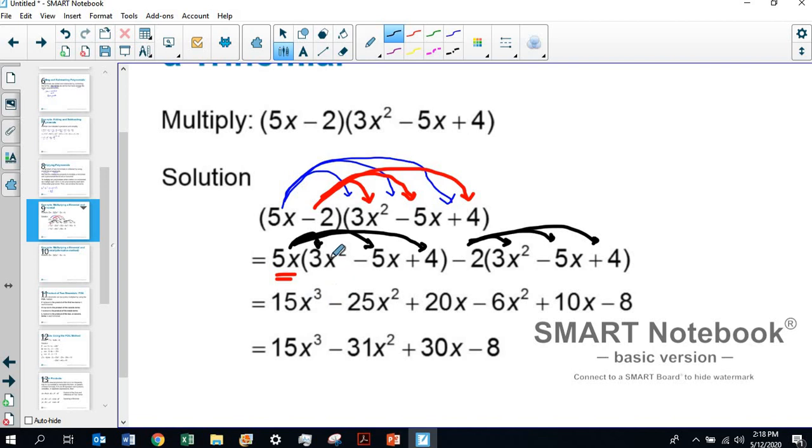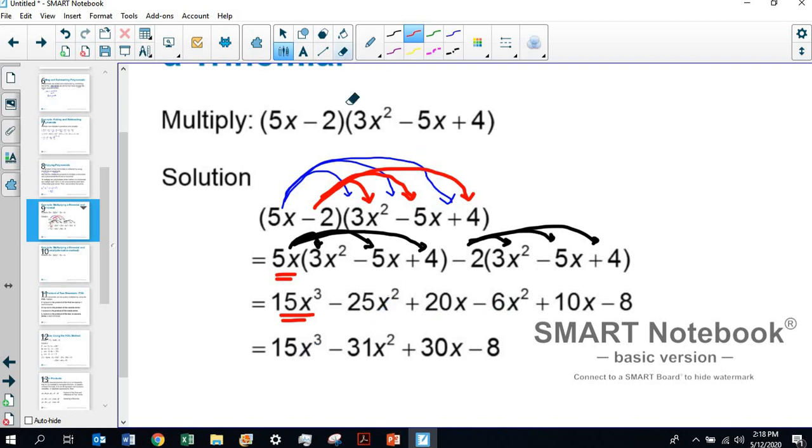Right? And then you've got 15x cubed, 1 plus 2 is 3, negative 25x squared, 1 plus 1 is 2, 4 times 5x is plus 20x, negative 2 times 3 is negative 6x squared, negative times negative is a positive 10x, negative 2 times 4 is negative 8. And then we combine like terms. Here we have an x cubed.